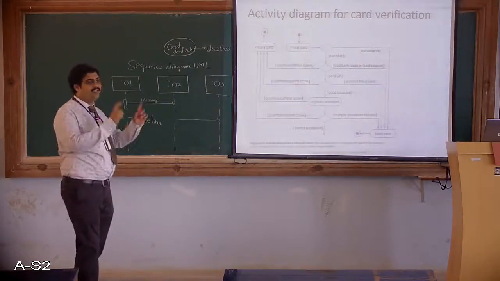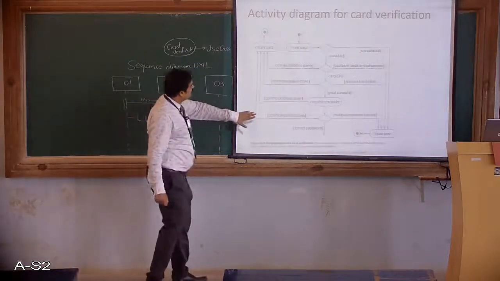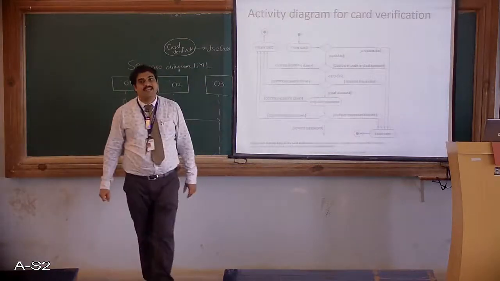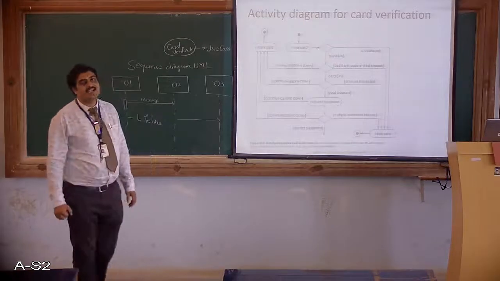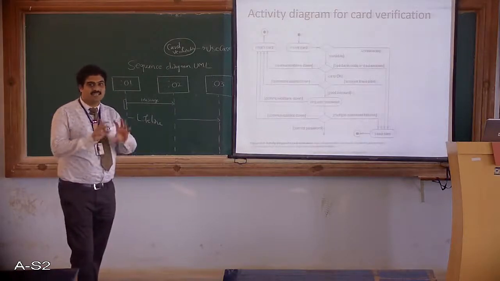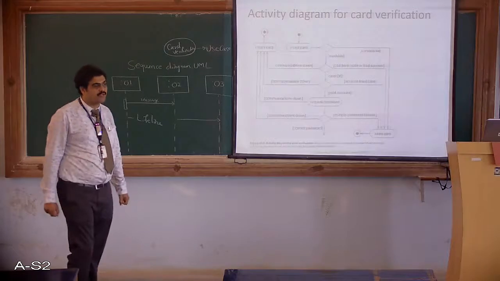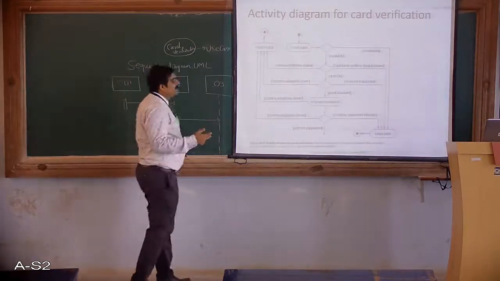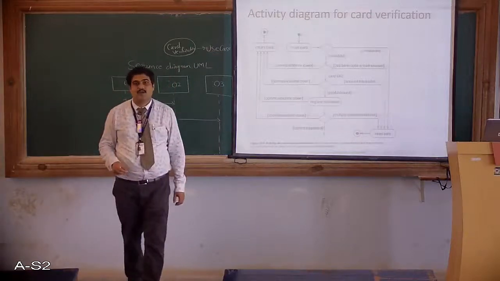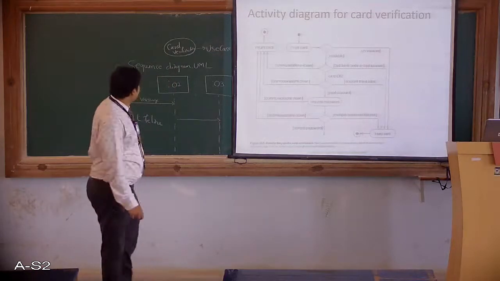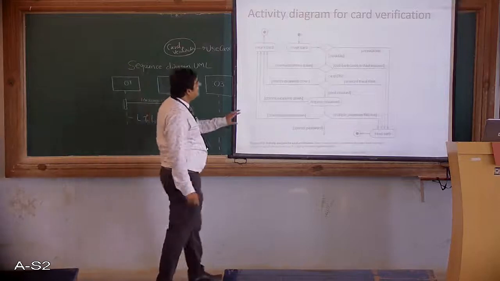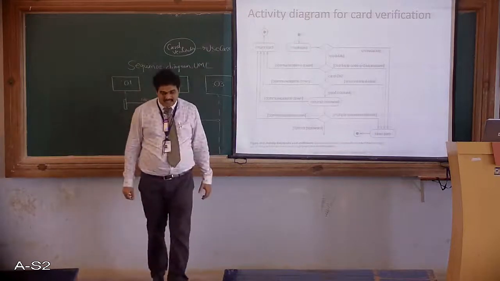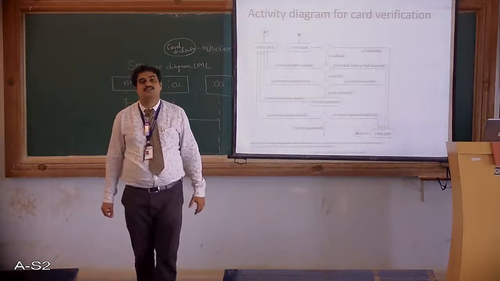To elaborate on that card verification, if you can show it through this activity diagram, then definitely people can be convinced of the concept, and they can think about the analysis as well as the development of the system properly. That is how the activity diagram will help you in devising or solving the problem.